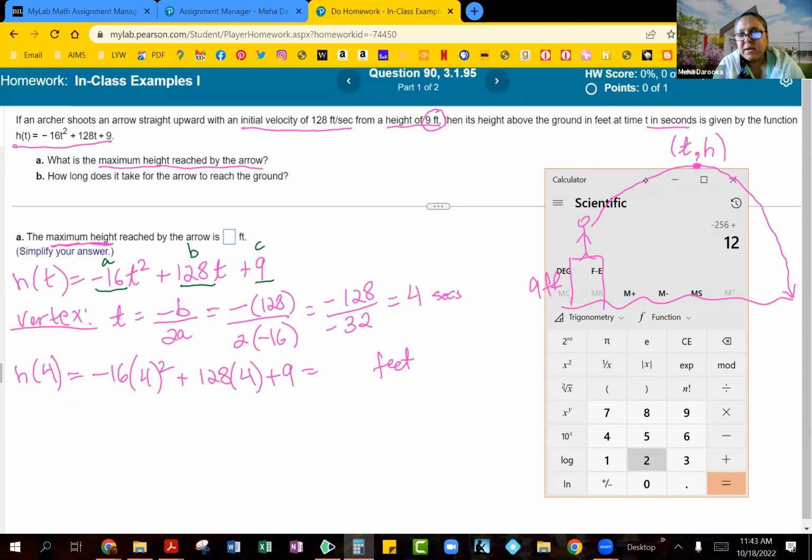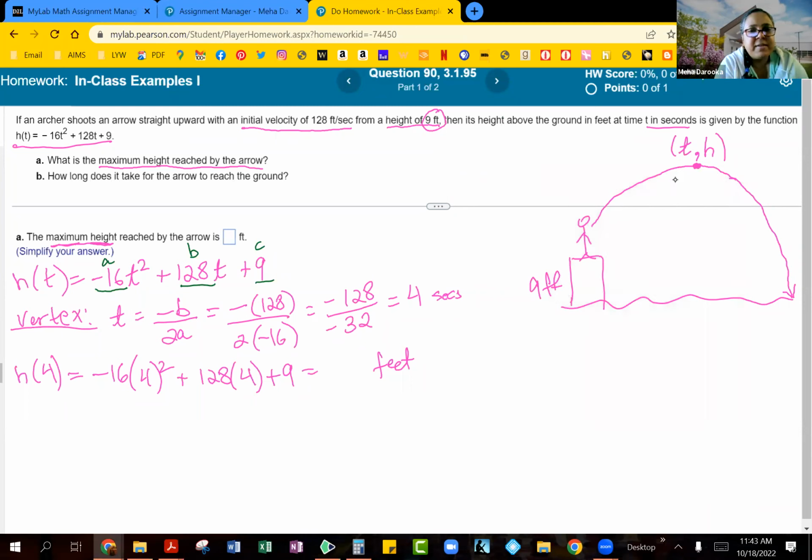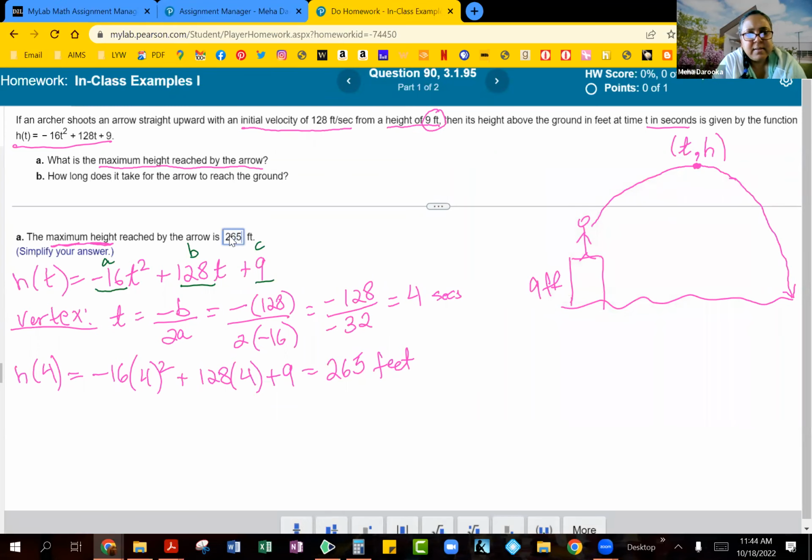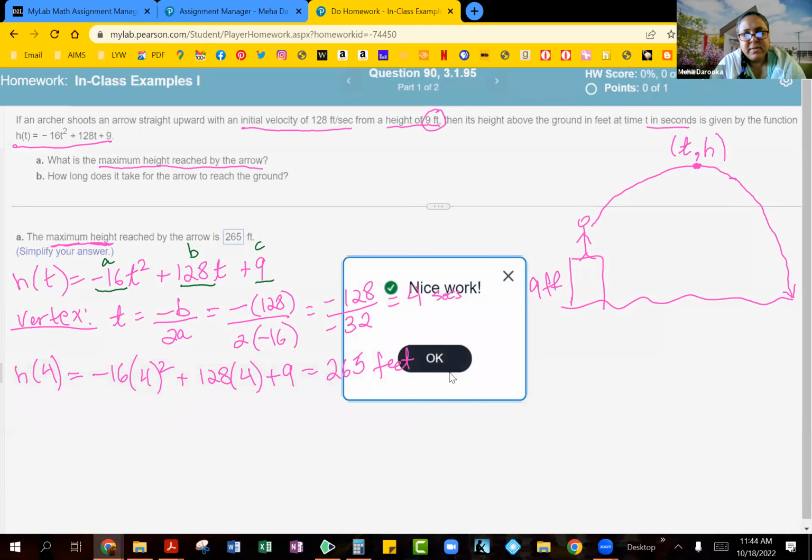Then we add 128 times 4, which gives us positive 256. And then we add the 9. Yeah, very nice, Maria. Glad you figured that out. So you should have positive 265 as your feet. This is our maximum height reached. Let's put that in and check that answer. That looks good.